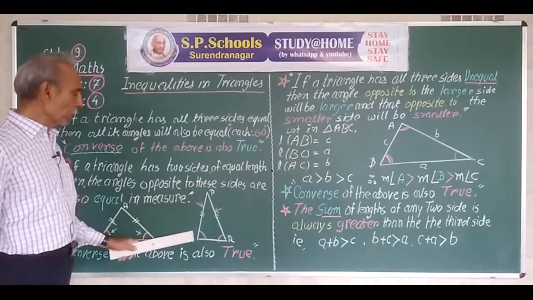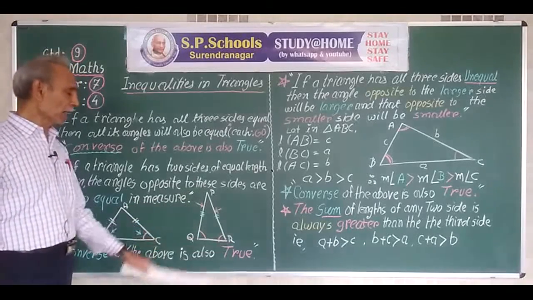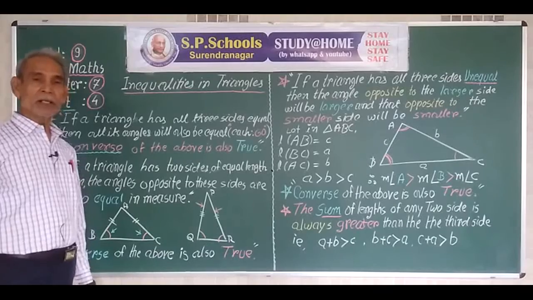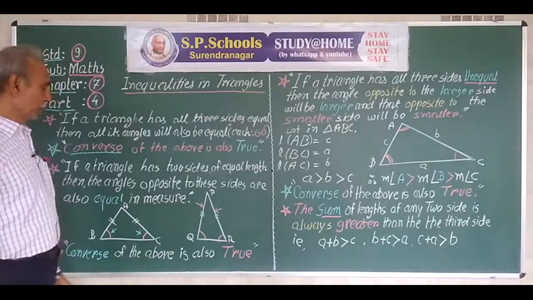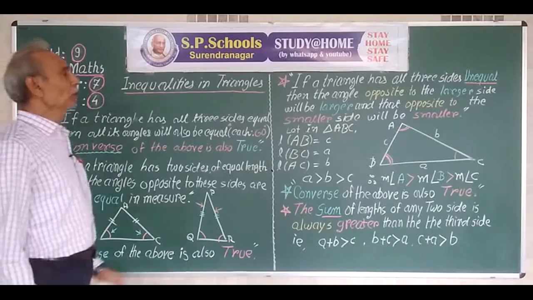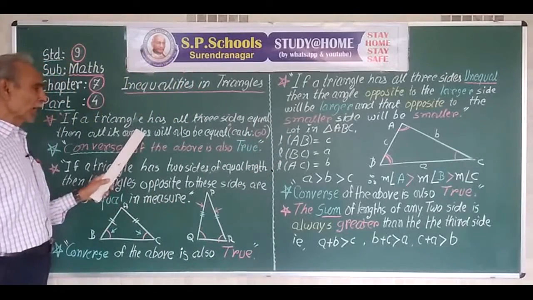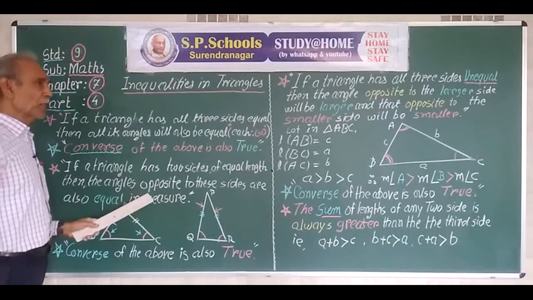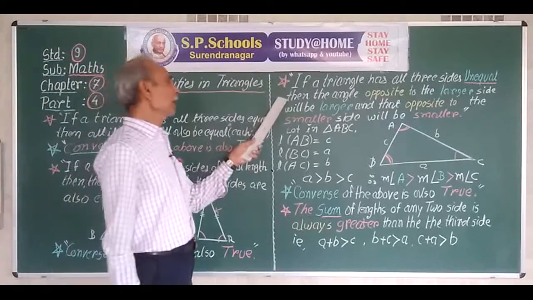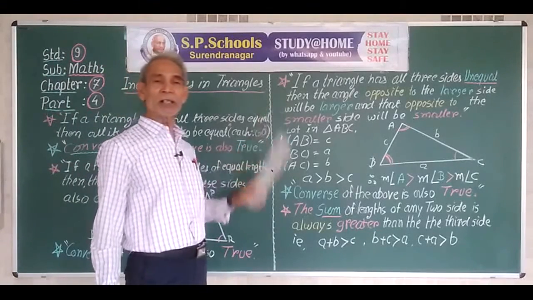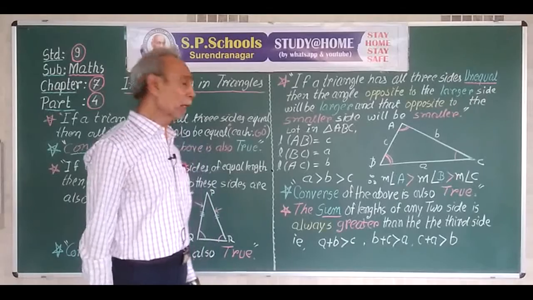Thus, PQ and PR will be equal sides. Now, here we have considered all three sides equal, here two sides equal, and here all three sides of different length.